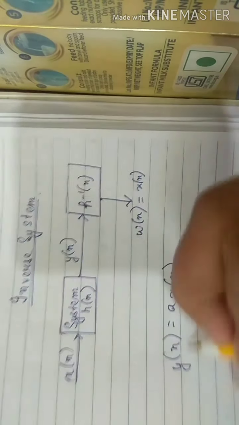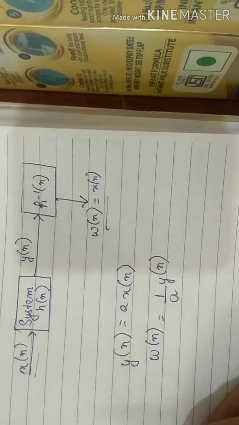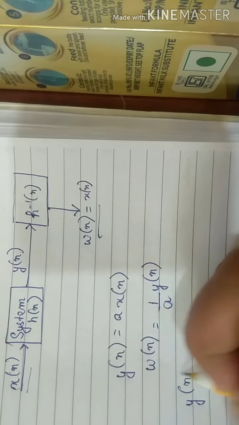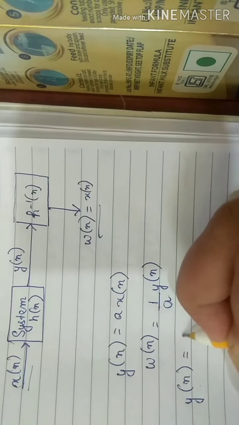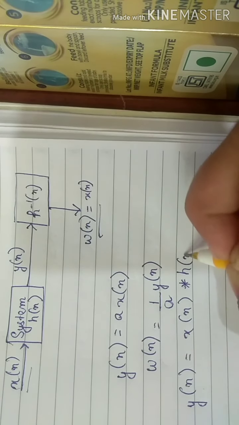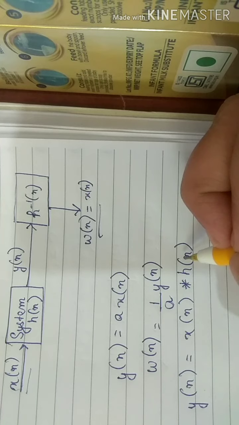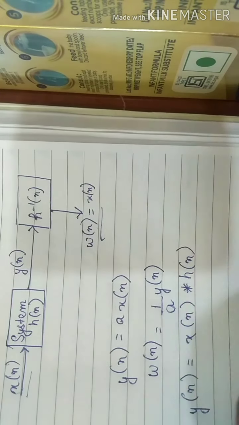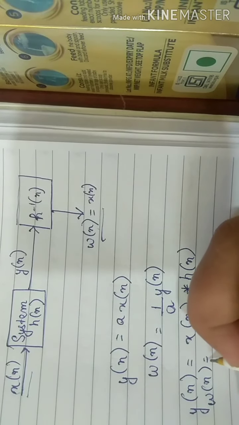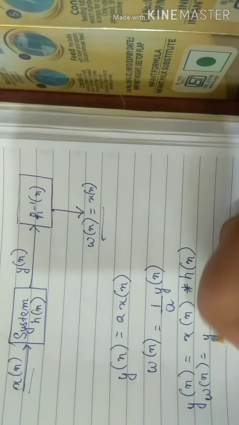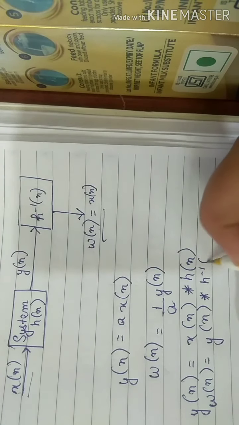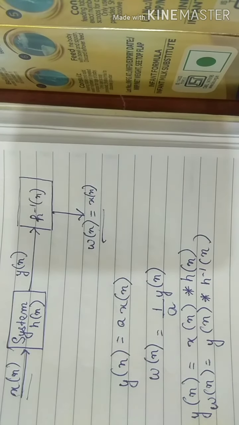So from this block diagram, we can write in terms of convolution, output y[n] is equal to x[n] convolved with h[n], and this omega[n] we can write as y[n] convolved with h inverse[n].